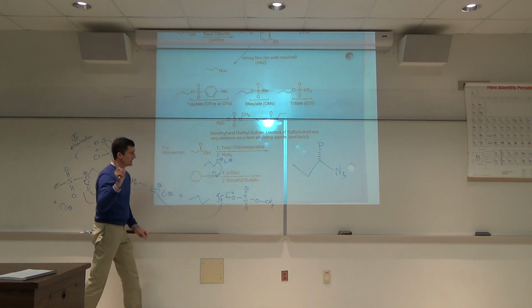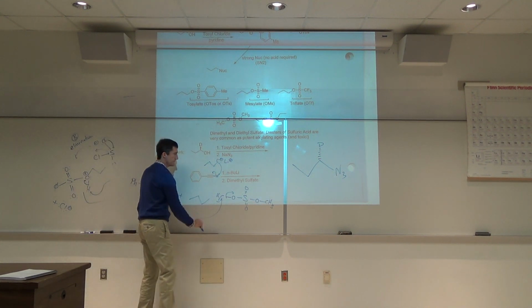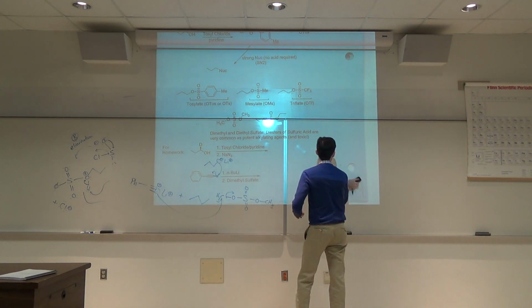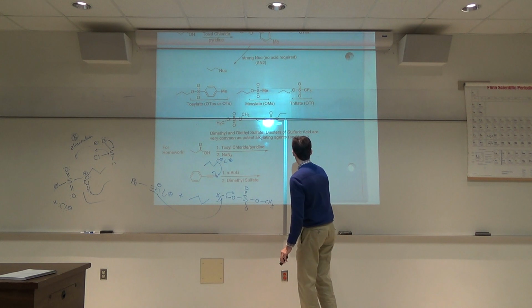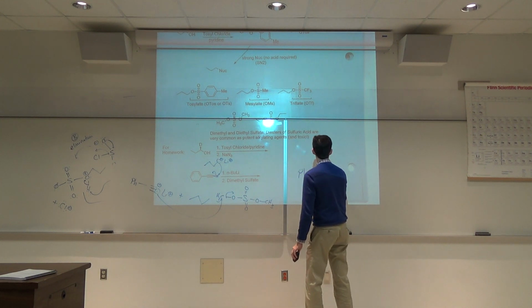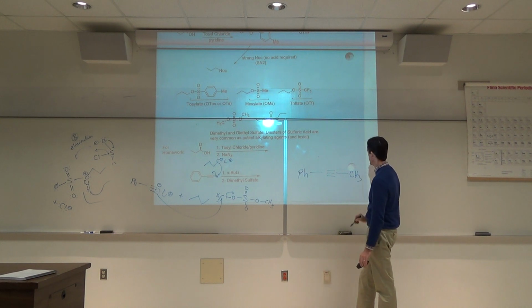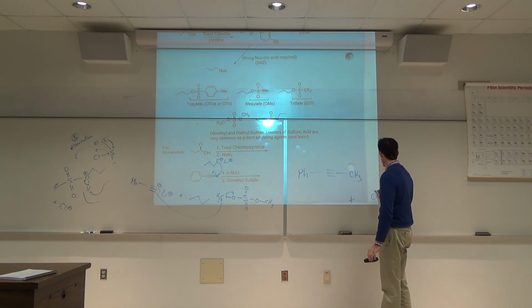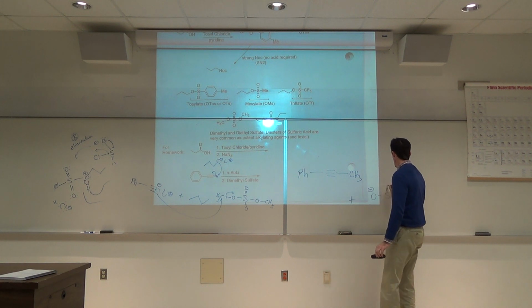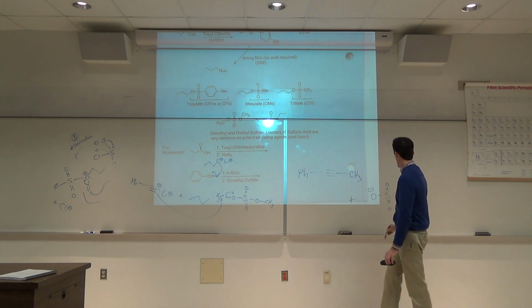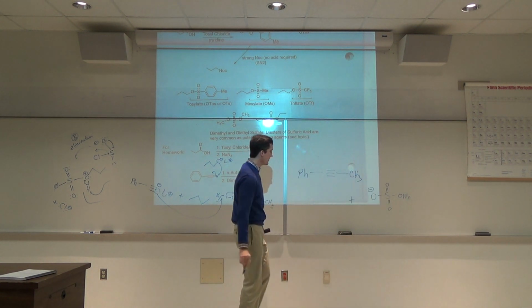It usually only supplies one alkyl group. And so, what are we going to get? Now this is bonded to a CH3. Of course, the leaving group was that there.